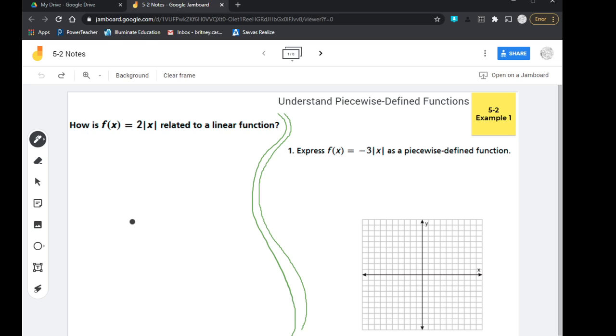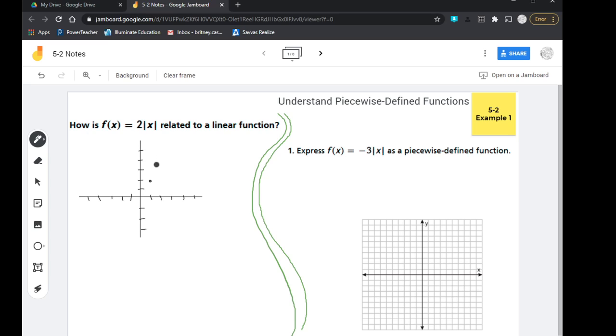Ooh, I have a straight line tool now that I'm using Jamboard. Let's go ahead and use that, shall we? Alright, so here we are with a very rough sketch of a graph. Now recall that an absolute value function is a V shape.